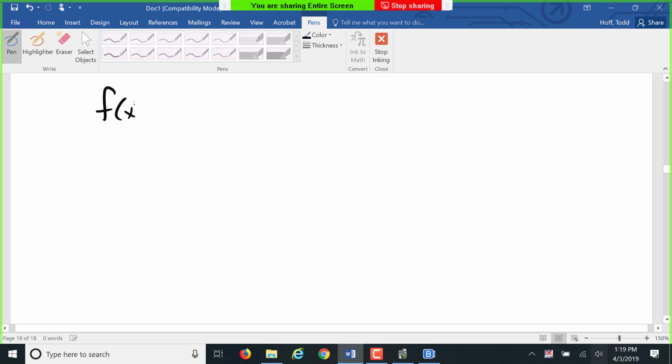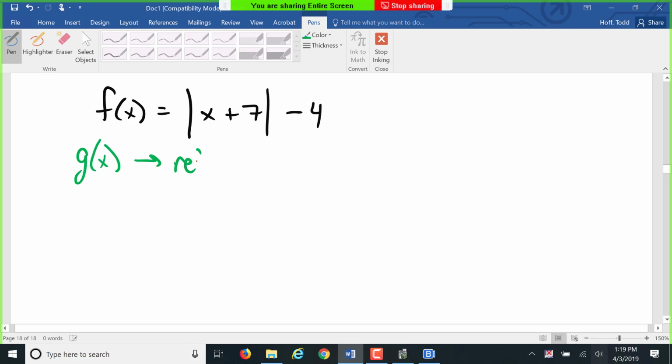So if we have f of x equals the absolute value of x plus 7, minus 4, let g of x be the reflection about the y-axis.